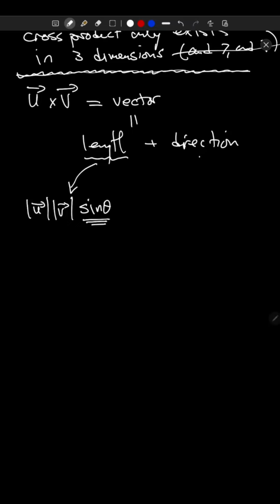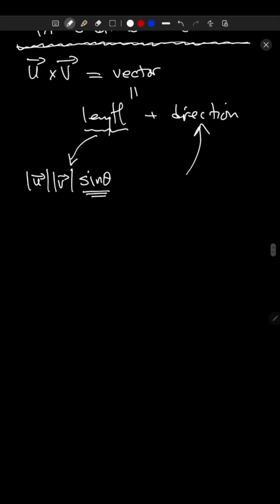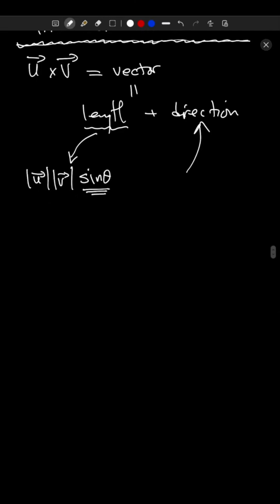Okay, the direction is going to be a little more difficult to explain on a screen here. Normally, if this was an actual lecture, I would do this in 3D, obviously, with my hands. But now I'm going to have to try to draw a hand. Okay, we'll see. So let's say u looks like this and v looks like this. All right, so this is in space.